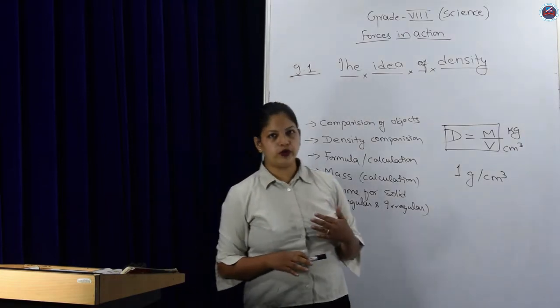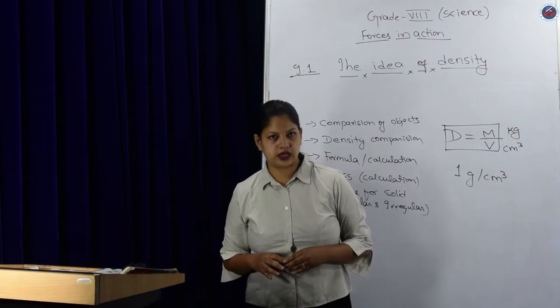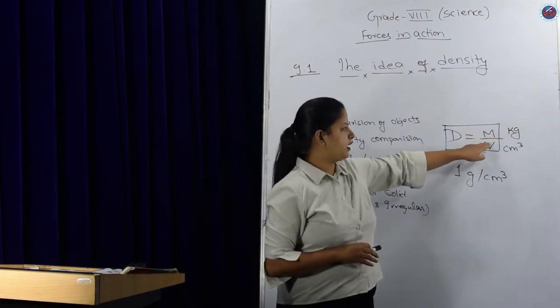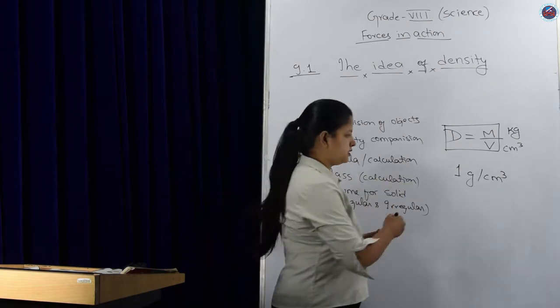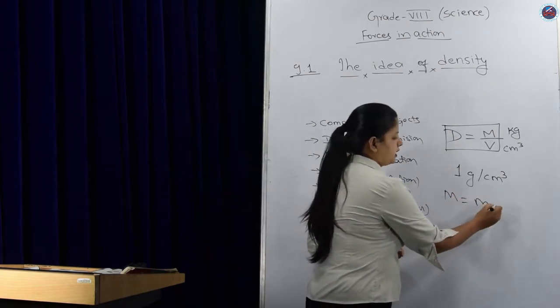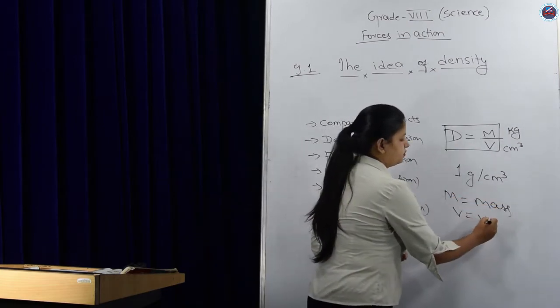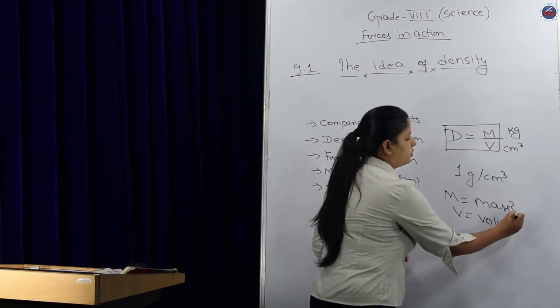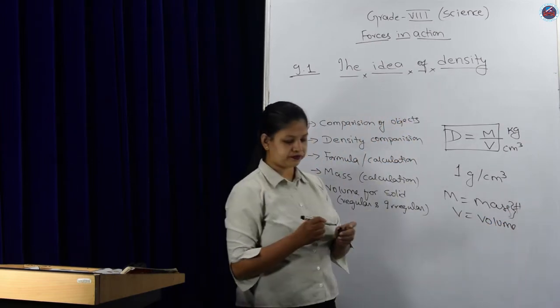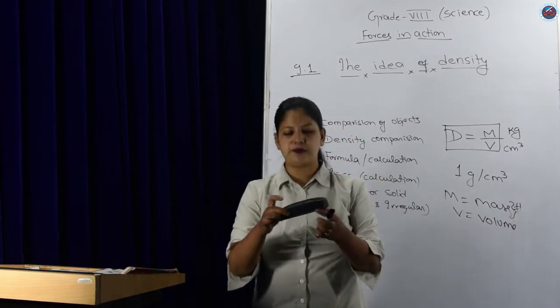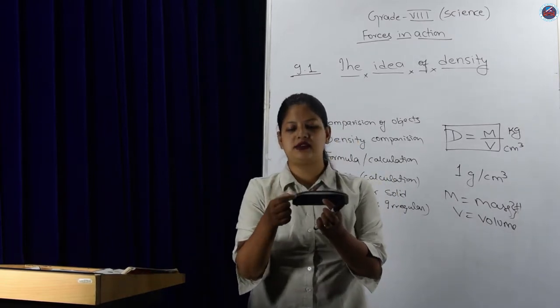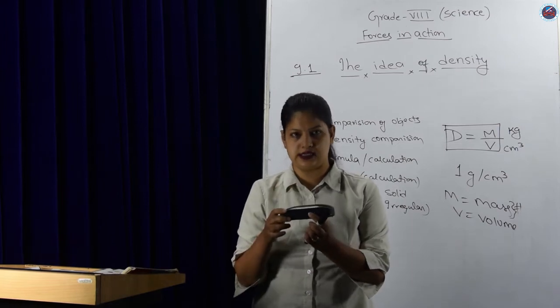So before we go for calculation, a few things you have to remember. What are this M and V? Just now I have explained it to you. M stands for mass and V stands for volume. Now how do we calculate mass? Mass of any object is basically how much matter, the quantity of matter, is contained in it.